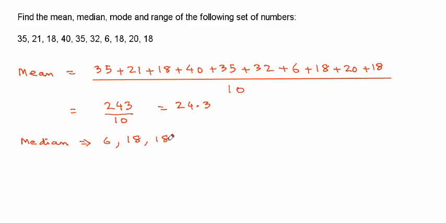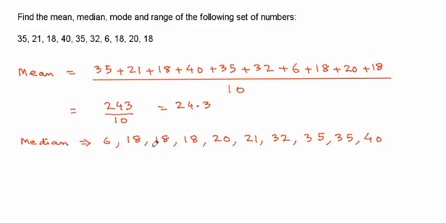We have a 20 here actually. So we have 20 and then we have a 21. And then I believe we have a 32, 35, 35. So there you go, 35 and then a 40, which makes it 10.